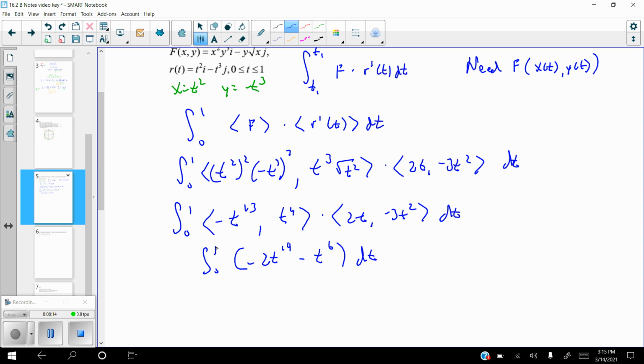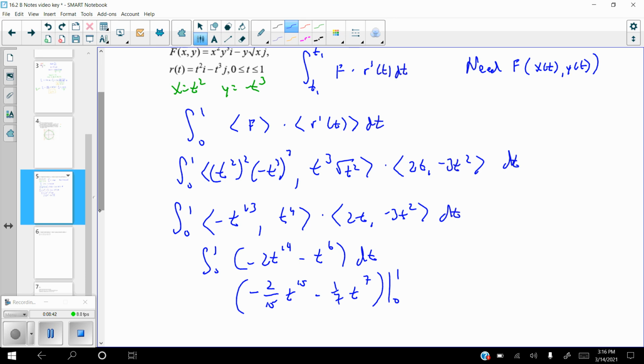So the only thing we can do is go ahead and evaluate the integral at this point. All right, it's going to be some messy numbers. So it's going to be negative 2/15 t to the 15th minus 1/7 t to the 7th. Yuck, that means we're going to have to find the least common denominator of 7 and 15, but we'll handle it. Evaluated from 0 to 1.